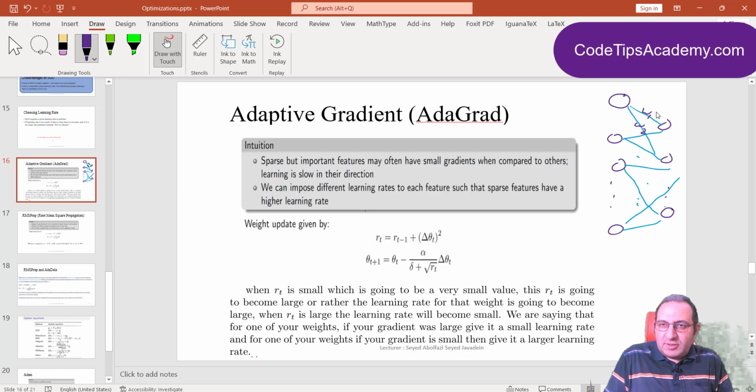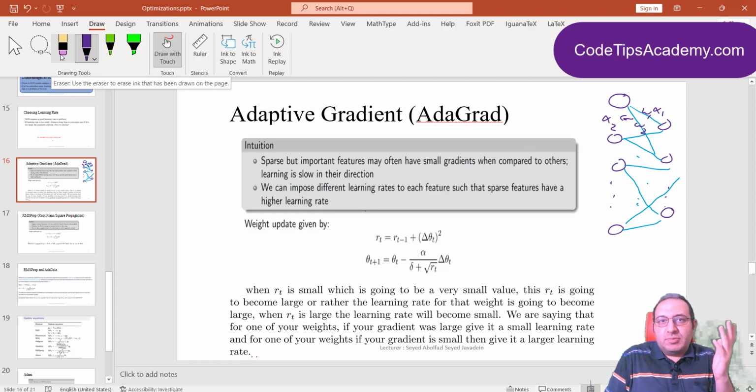For example, the learning rate of W1 is alpha 1, and the learning rate of W2 is alpha 2. In AdaGrad, we learn how you can have a customized learning rate for each weight. Amazing.